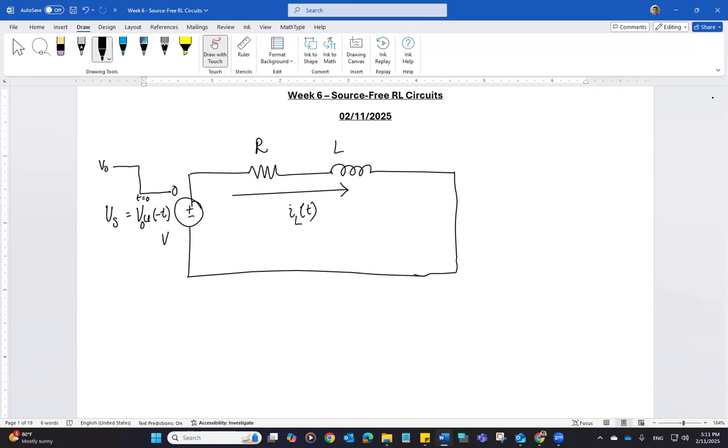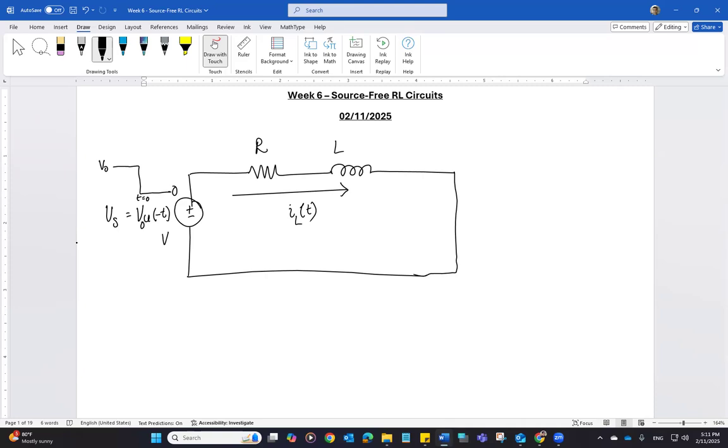Now, if the circuit has been running for a very long time before at time t equal to 0 the voltage value goes down to 0, then the inductor is going to be fully charged, and it will be acting as a short circuit. So it will have energy in the magnetic field, but the magnetic field is not going to be changing.